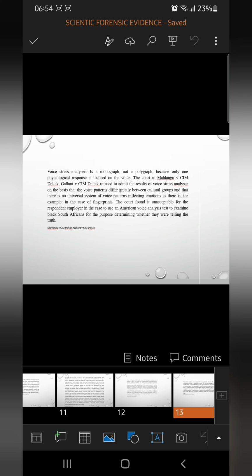The court found it unacceptable for the respondent employer in the case to use an American voice analysis test to examine black South Africans for the purpose of determining whether they were telling the truth.